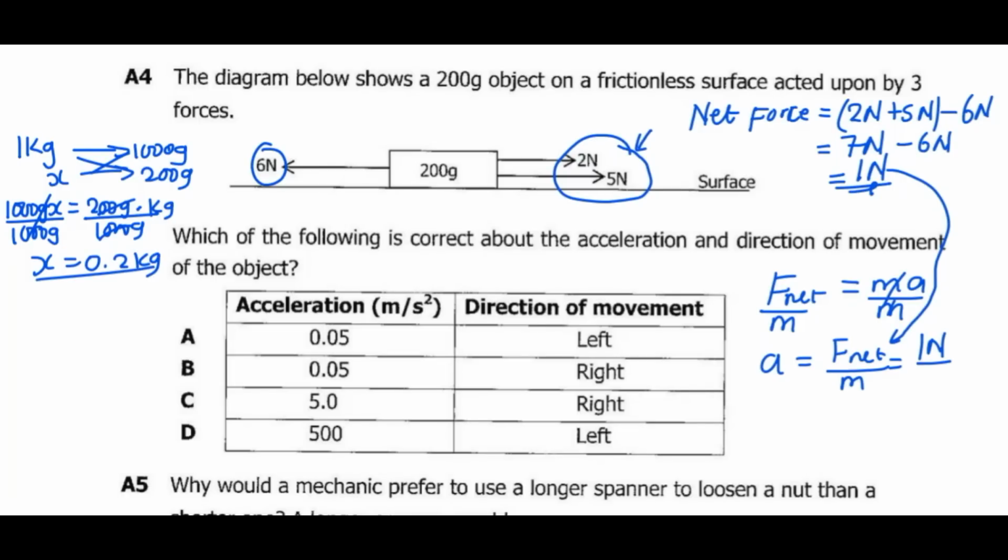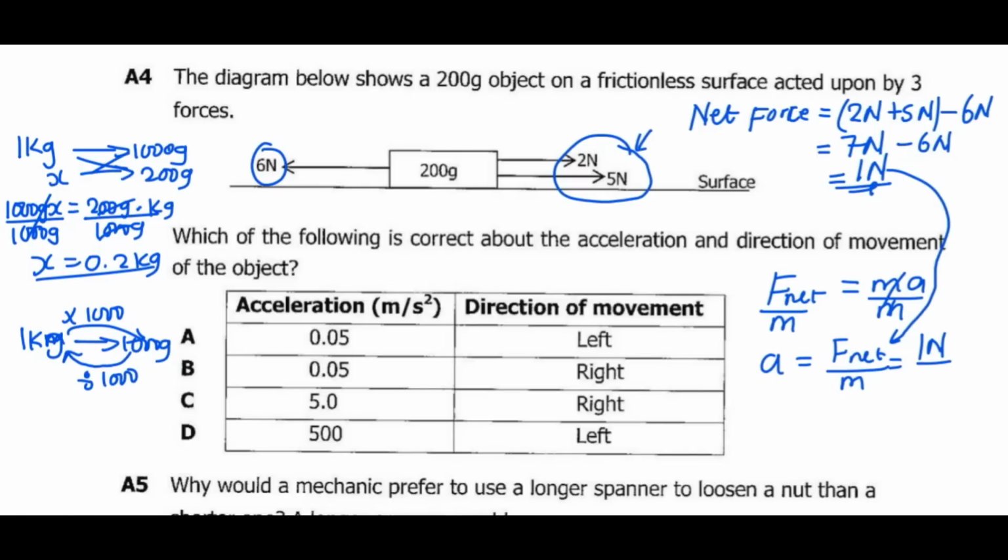So maybe the simplest form is whenever you are converting mass from kg to grams, multiply by 1,000. Then from grams to kg, you need to divide by 1,000.